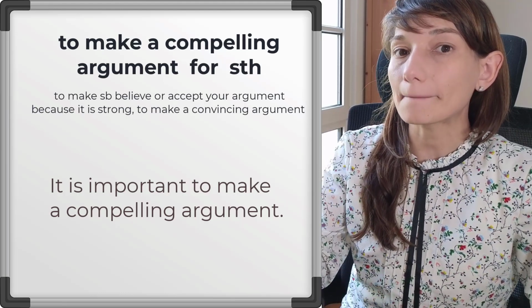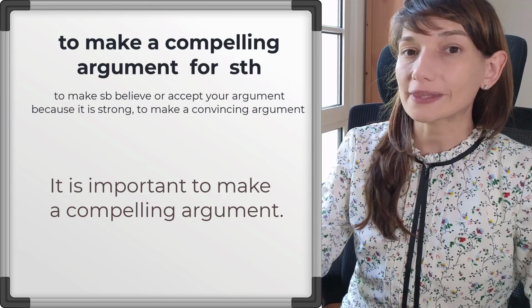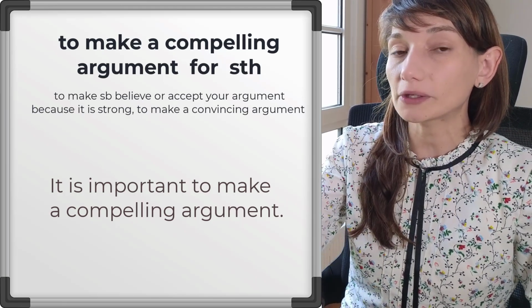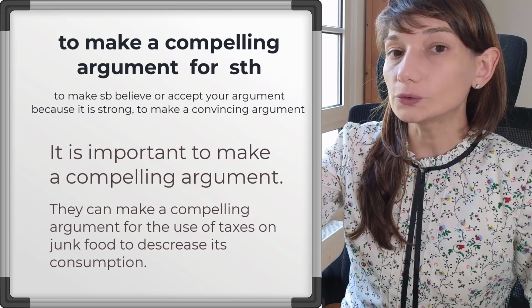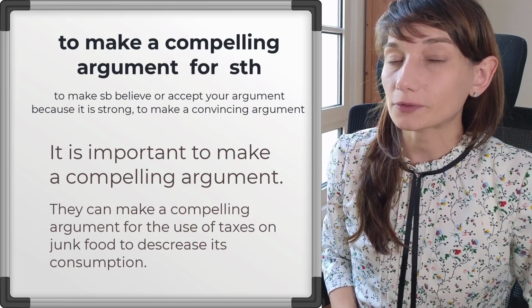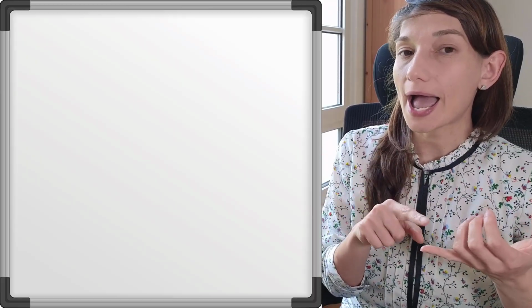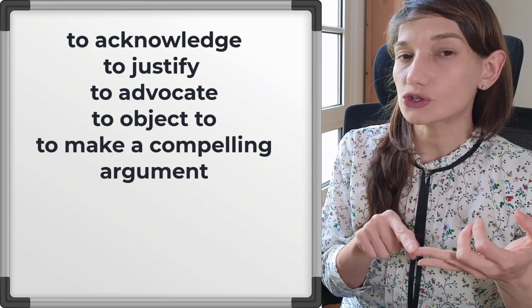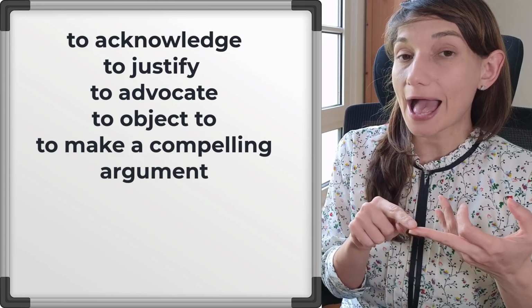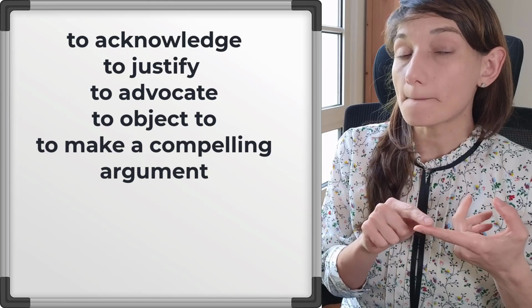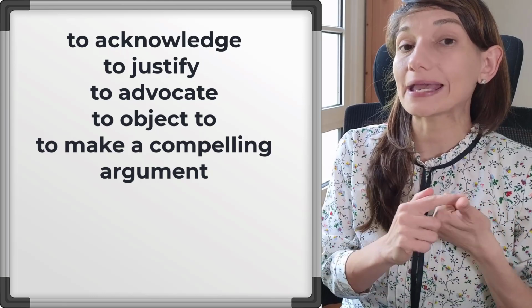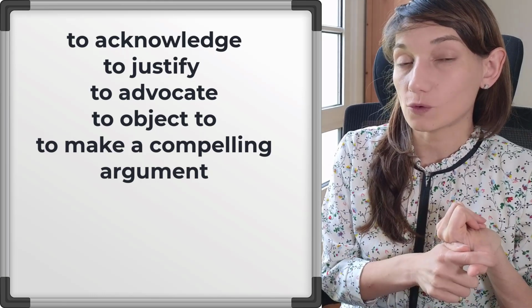So they can make a compelling argument for the use of taxes to decrease the consumption of junk food, for example. Now we have to acknowledge, to justify, to advocate, to object to something, and to make a compelling argument for something.